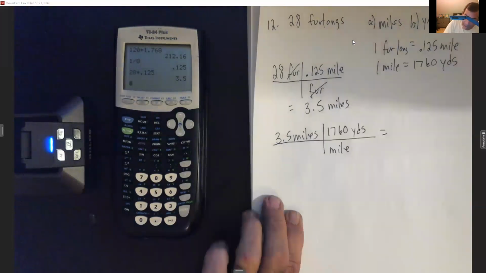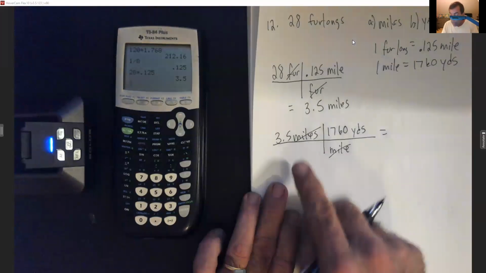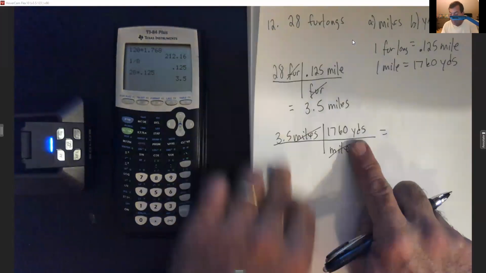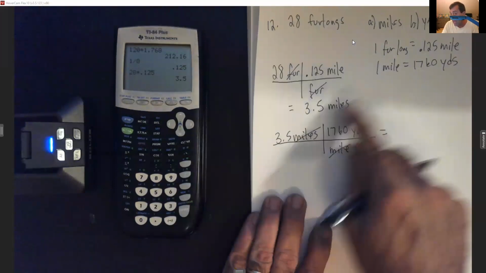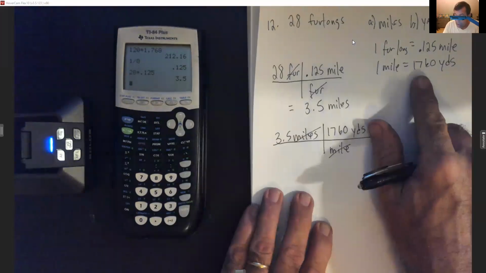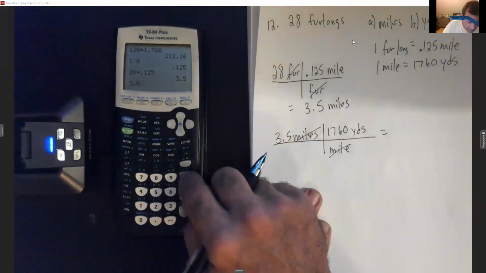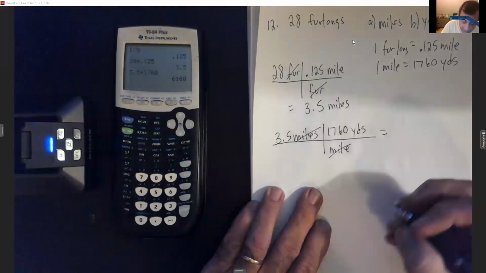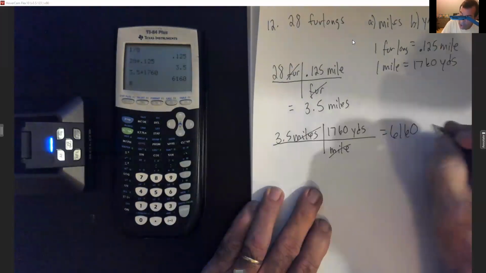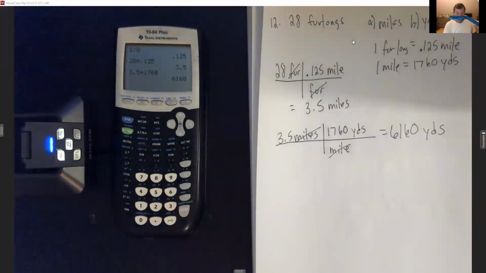So watch this, I can cancel my miles. So you could do all this in one big step again, but if you've already got one unit knocked out and you got a conversion using that unit, might as well do it, right? So 3.5 times 1760 is going to give me 6160 yards.